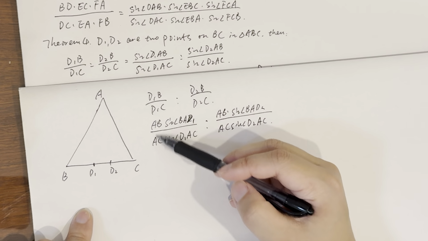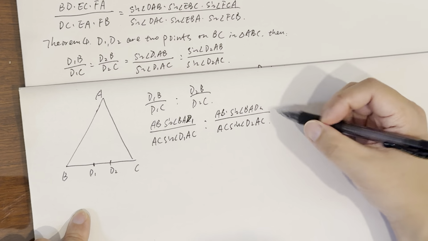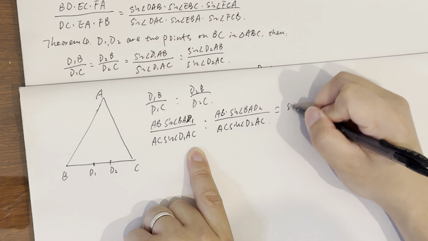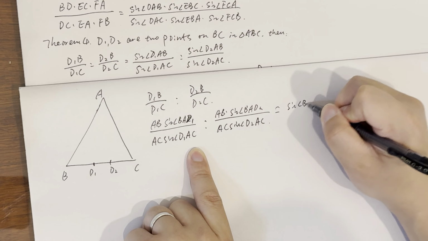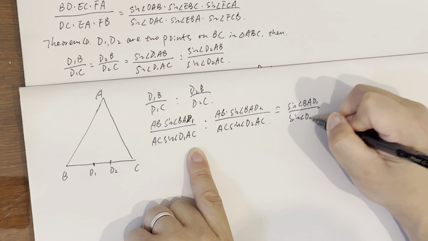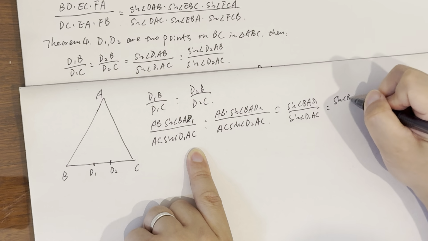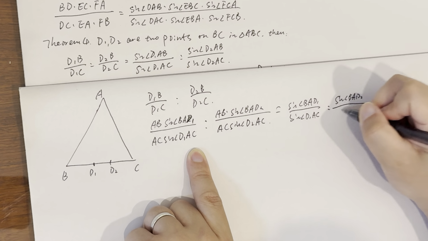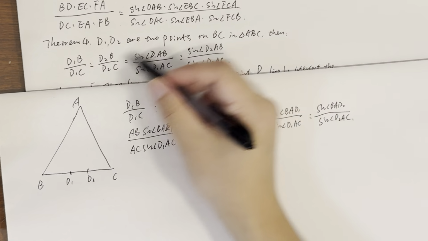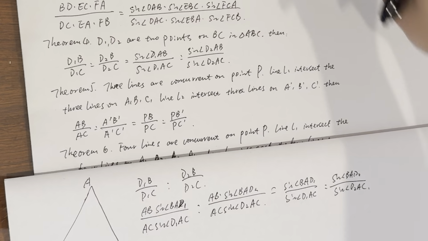So here we have AB to AC divided by AB to AC, so they cancel each other, which means we only have this sine angle ratio left, right? So that's sine angle BAD1 to sine angle D1AC to sine angle BAD2 to sine angle D2AC, which is here. I just proved it. Okay.